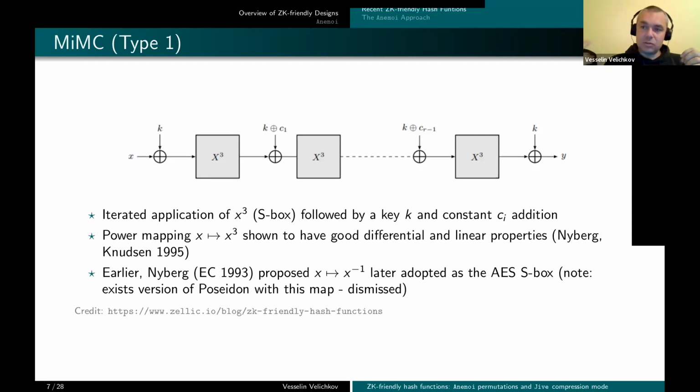So if you set k to 1, you end up with the smallest possible power, which is 3. And then in this paper, they prove, again, in quotation marks, good differential and linear properties of this mapping.